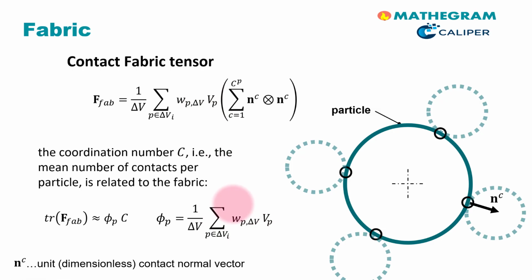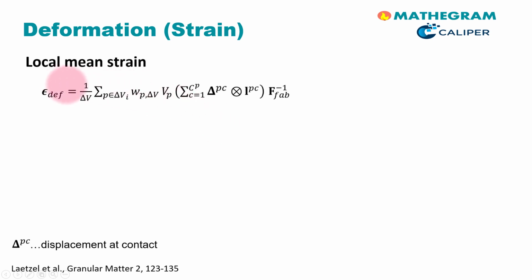The final set of metrics of interest I would like to introduce is the deformation or strain. Specifically, one can define a local mean strain as you see in this expression.